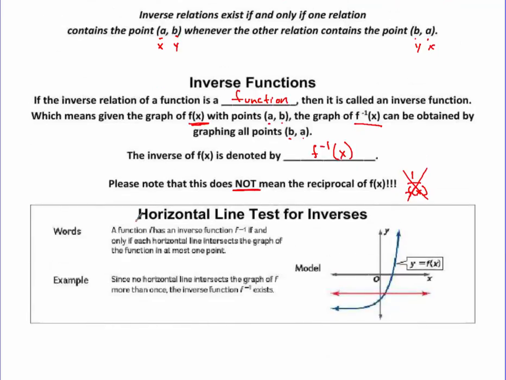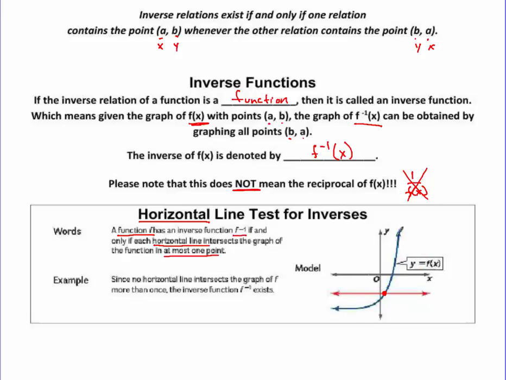All right, so hopefully you remember with functions we had something called a vertical line test. Well, with inverse functions we have something called a horizontal line test. It says that any function has an inverse function if and only if each horizontal line intersects the graph of the function at most one point. So you see in this picture, when we draw a horizontal line across the bottom here, it intersects our graph right there.